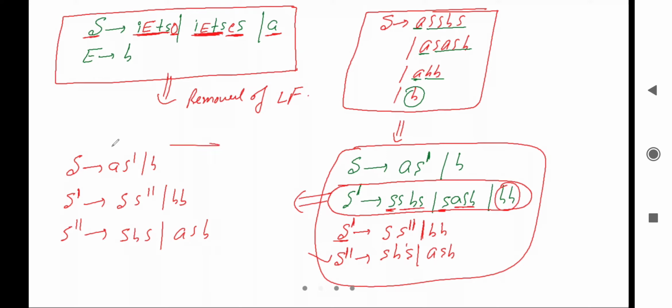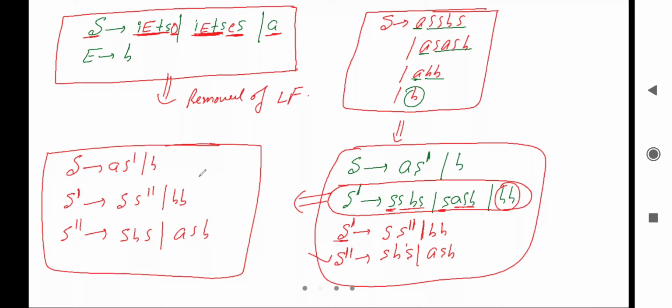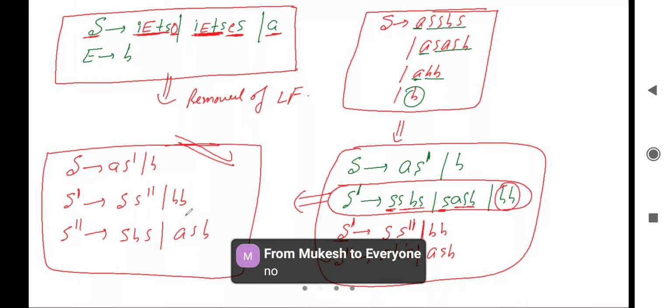Finally, this is the grammar, right? And here, is there a left recursion or not? Check, verify this one. Is there any left recursion? Sorry, left factoring. Is there any left factoring? Yes. So after this step, there is no left factoring in the grammar.